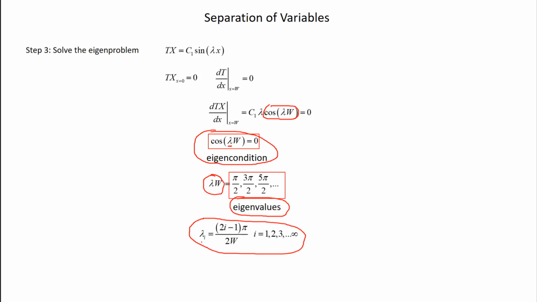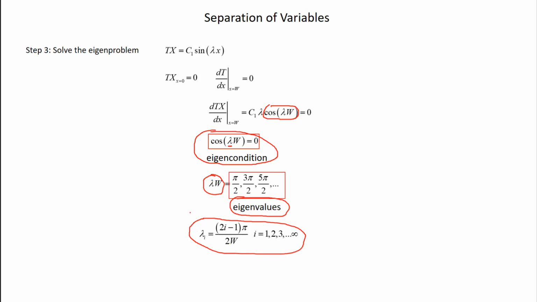I need to number them, so I'll number them with a subscript I, is equal to 2i minus 1 times pi over 2w, where I is an integer 1, 2, 3, all the way up to infinity. So if I plug in I equal 1 here, I get, 2 minus 1 is 1. I get pi over 2 for the first one. If I plug in 2 here, I get 3 pi over 2, and so on and so forth, right?